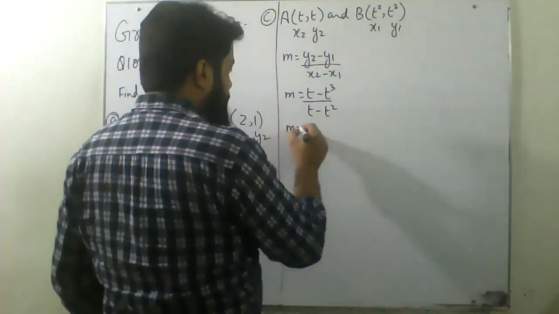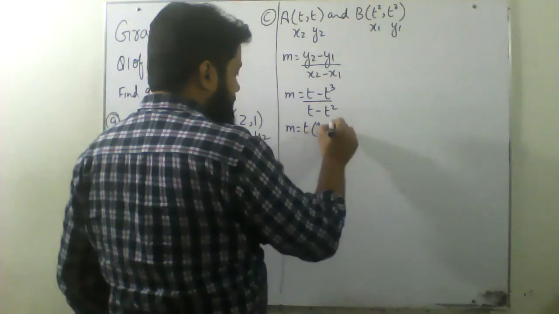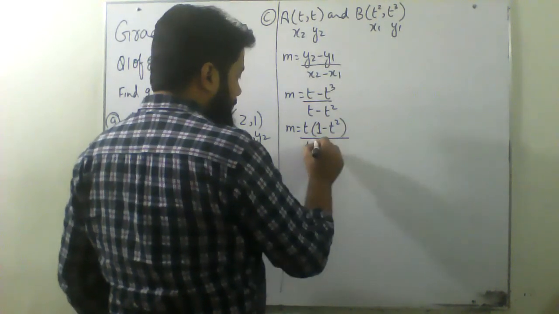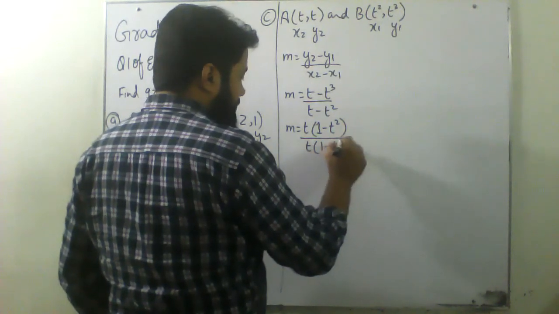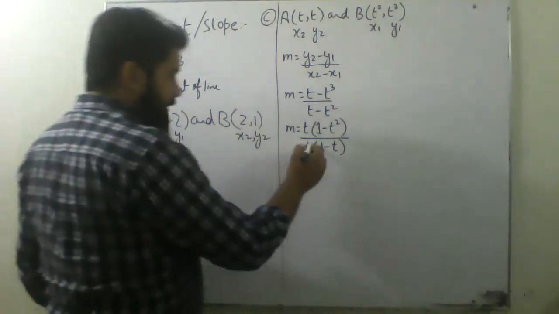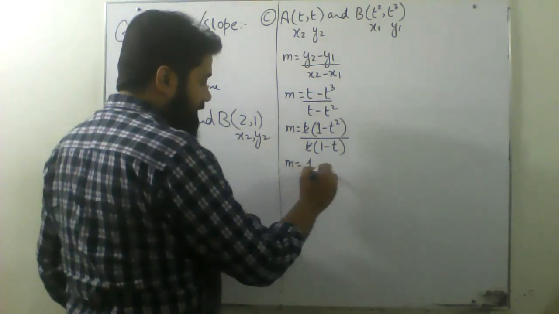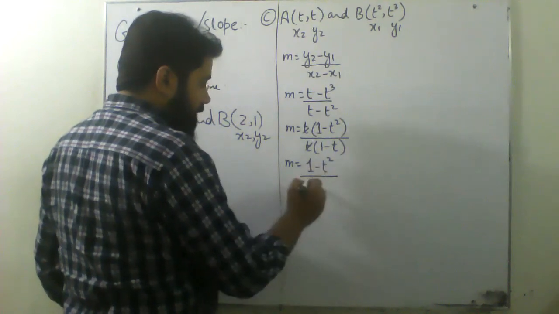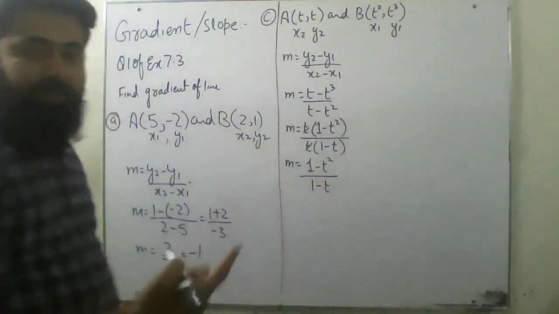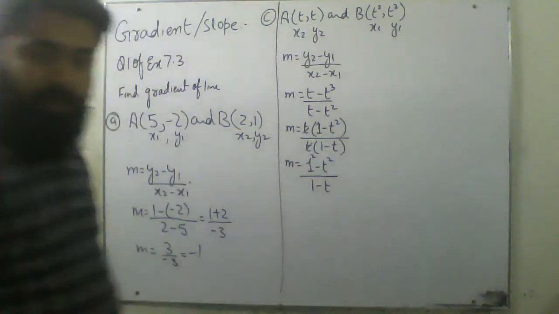So m equals t common, 1 minus t squared, over t common, 1 minus t, right? t and t will be cancelled. M equals 1 minus t squared over 1 minus t. It's 1. 1 can have any power. The result will always be 1. So I can write it as 1 square.